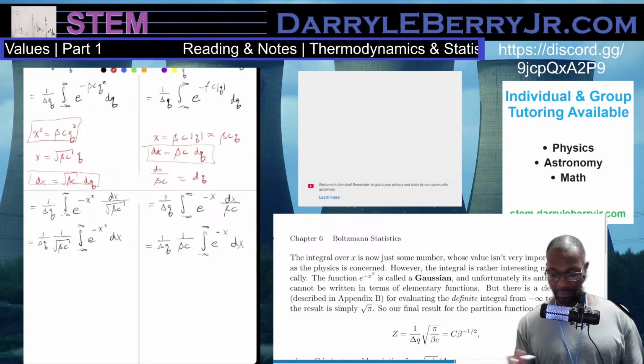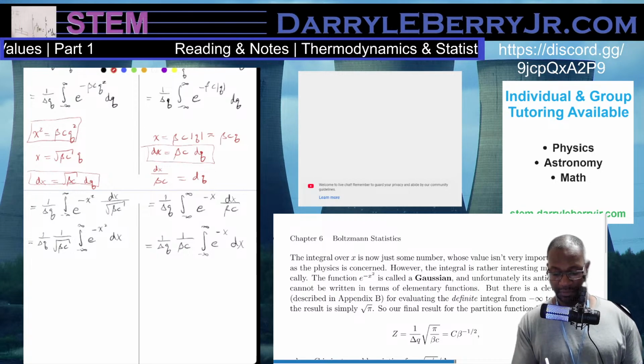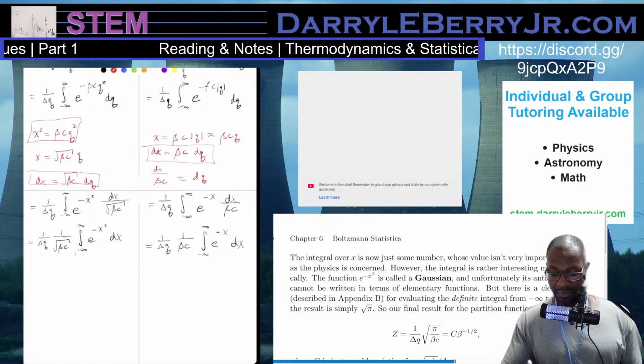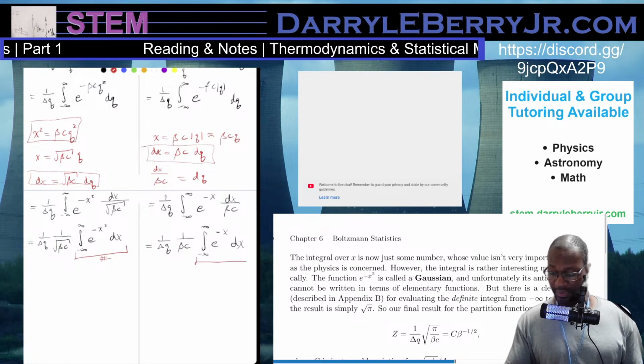We're saying the integral over x is now some number. So this is just a number, as well as, well, I don't know what this is.